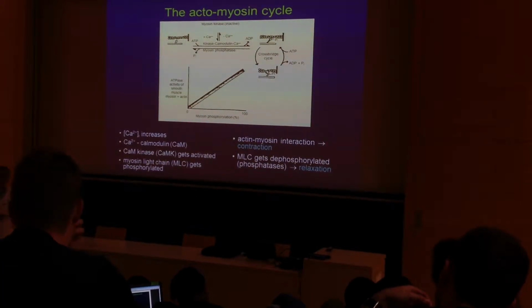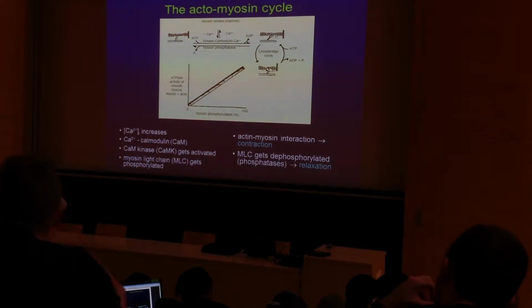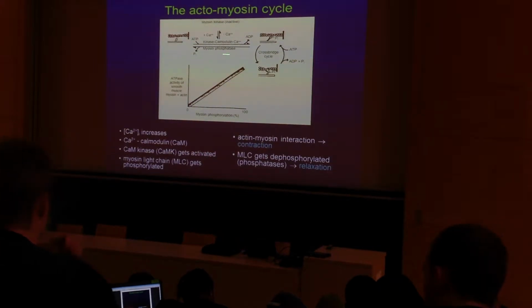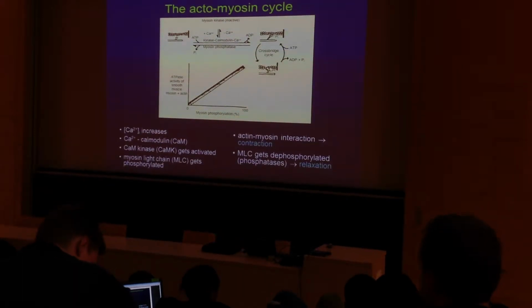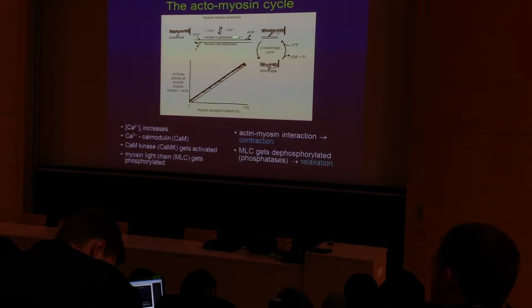Here, removing the calcium will not stop it because the myosin regulatory light chain is already phosphorylated. So in order to stop the contraction, you need to dephosphorylate the myosin. So there are phosphatases to dephosphorylate the myosin and to stop the contraction. Okay? So contraction is initiated by phosphorylation of the myosin. Relaxation is initiated by dephosphorylation of the myosin, and this balance is kept.